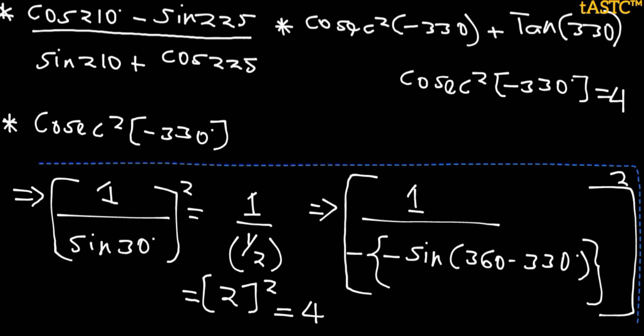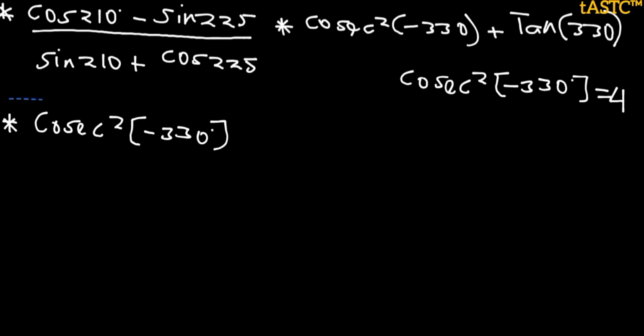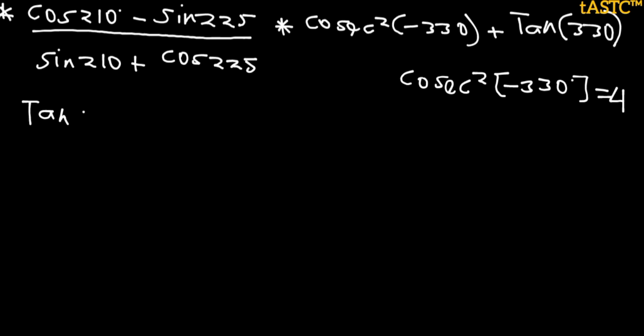Now here we have a tangent. Notice that I have not actually taught you how to find the tangent of the special angles. Now this is it. The tan of 0 is actually equal to 0. And the tan of a 30 degree is root 3 divided by 3.